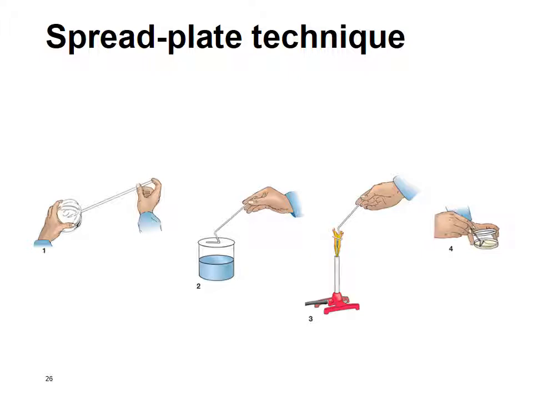The spreader is then allowed to cool down. In four, the bacterial culture is evenly spread over the agar surface with the sterilised spreader. The nutrient agar plate is then incubated at the appropriate temperature.